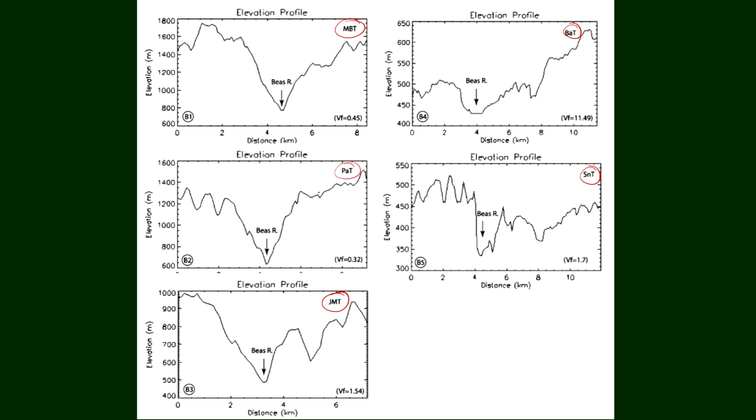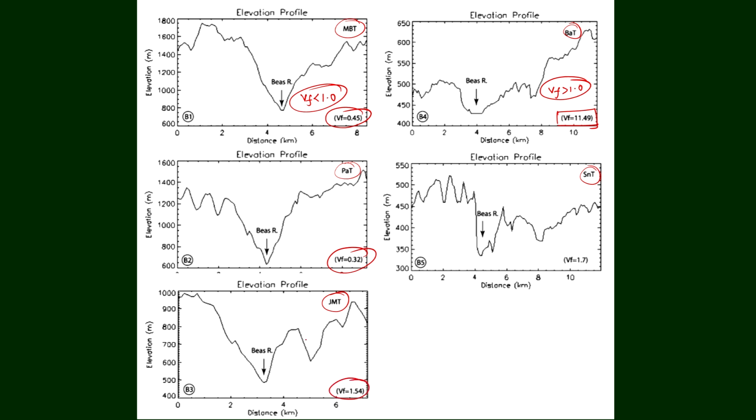From what we discussed in the previous slide, if you have V-shaped valleys, Vf will be less than 1, and if you have broader or U-shaped valleys, Vf will be greater than 1. With this information, the Vf here is 11.49, so this is again a broader valley, and here we have less than 1.